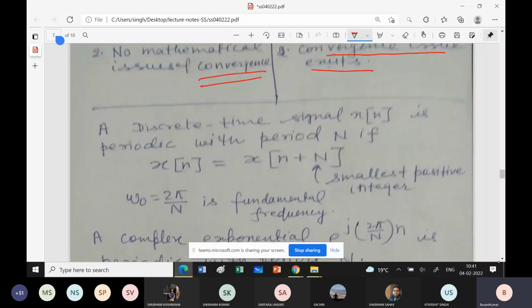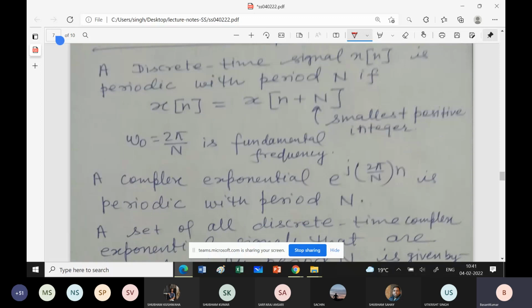Okay. Now let us try to find a synthesis equation for representing a discrete time periodic sequence in terms of a Fourier series. ठीक है. तो एक डिस्क्रीट टाइम सीक्वेंस है, ये पीरियोडिक है तो पीरियड इसका N है, and it is the smallest positive integer which satisfies this expression.